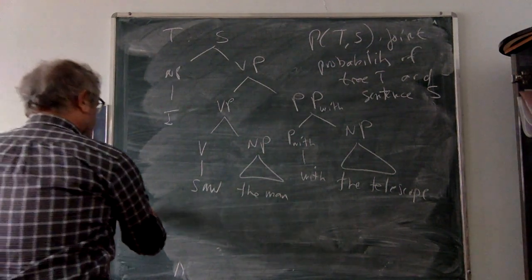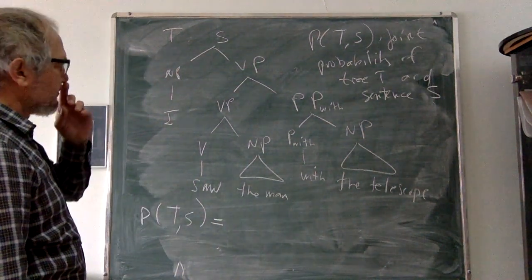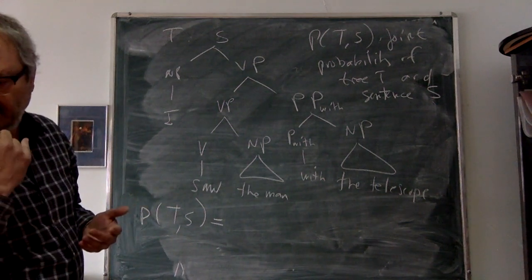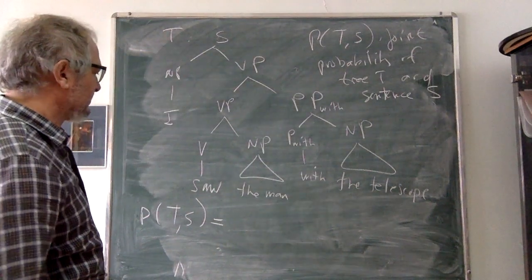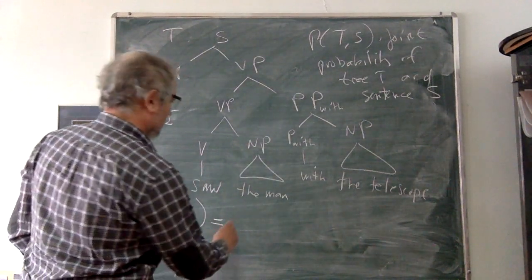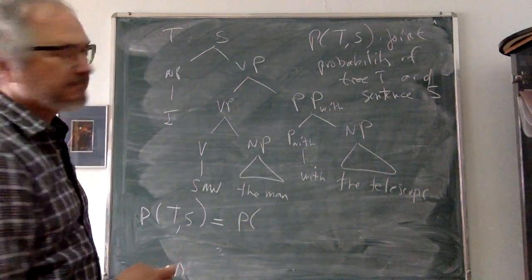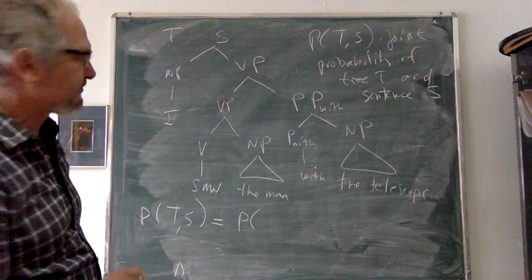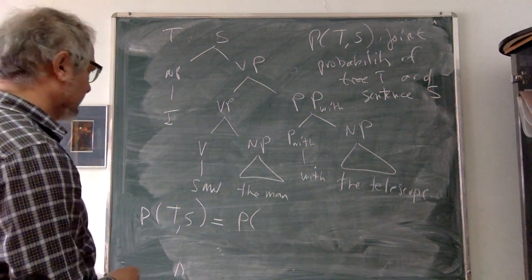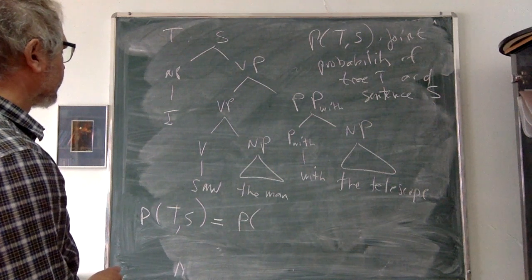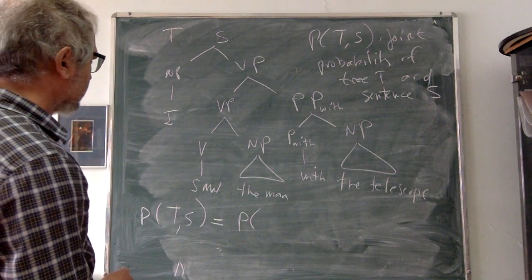So the probability of T, the joint probability, is essentially a multiplication of, if T is this particular tree, essentially the probability of, let me stick to convention.